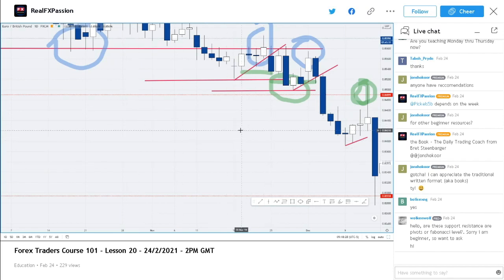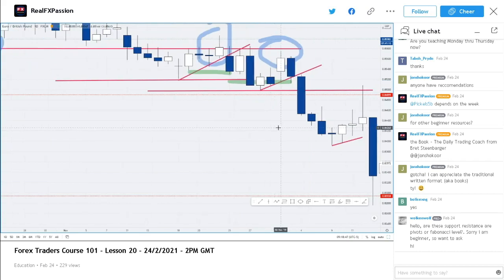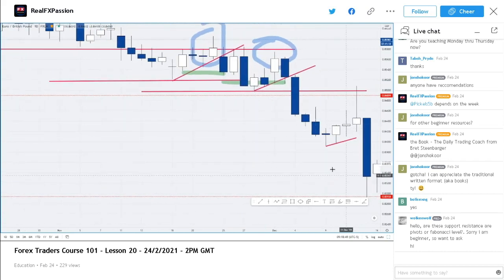Okay, so this lesson is the continuation of the lesson before. We were talking about past support. Now, Jay says, no, it didn't. Yes, it did. Look at the line. Look at the wick here. This is the low.